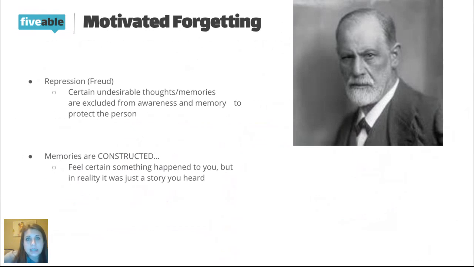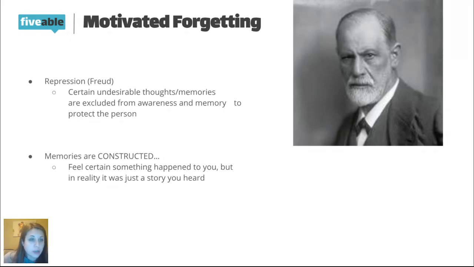Basically, it's this idea, Freud, again, is all about our inner selves protecting us. And so Freud would say, if we had something traumatic happen to us in our childhood, or we have some sort of bad memory that could actually be harmful to us, we may actually block or repress that memory so that we are protecting ourselves, basically.